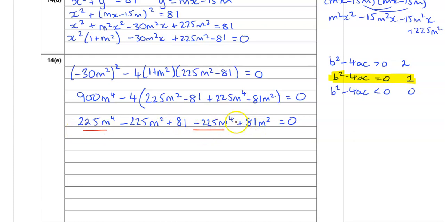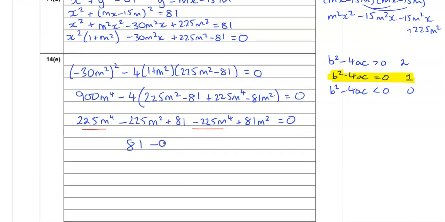So we're just left with these bits here. So we've got 81, and then we're going to minus 225, but plus 81, which is going to make it 144m squared, which is equal to 0. Which is going to give us, so add the 144, 81 is 144m squared, which means that m squared is going to be 81 over 144, which is 9 over 16.